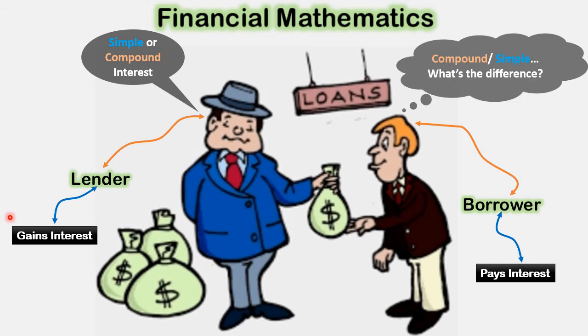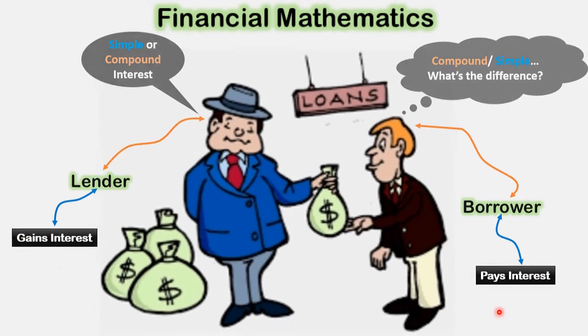The money gained by the lender on top of what the lender has loaned the borrower, that is the interest. And the money that the borrower is going to pay on top of the money that the borrower has borrowed from the lender, that is also the interest. So the money gained, the money paid, the money lost, that is what you call the interest.